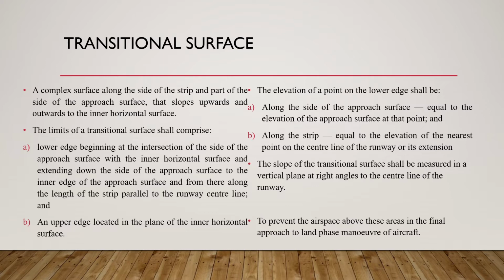So when we slope upward and outwards, the farther we go from the runway strip, the more we can increase the height of any aids or equipment placed along the side of the runway. The slope of a transitional surface shall be measured in a vertical plane at right angles to the center line of the runway. That means the slope is calculated in a vertical plane.